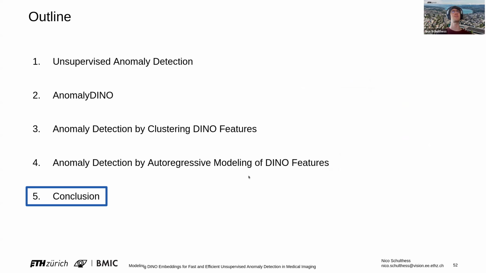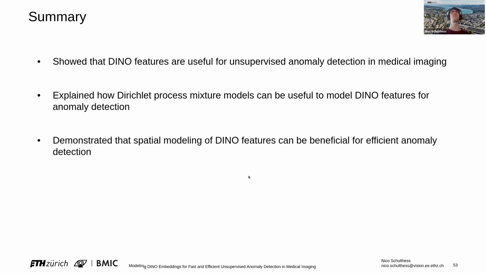And let's conclude. In this talk, we looked into using DINO features for anomaly detection, and I think we can say that they are quite helpful in detecting anomalies in medical imaging. And we looked into how directly processed mixture models can be used to get a small and efficient model for DINO features, and that this can be used for anomaly detection.